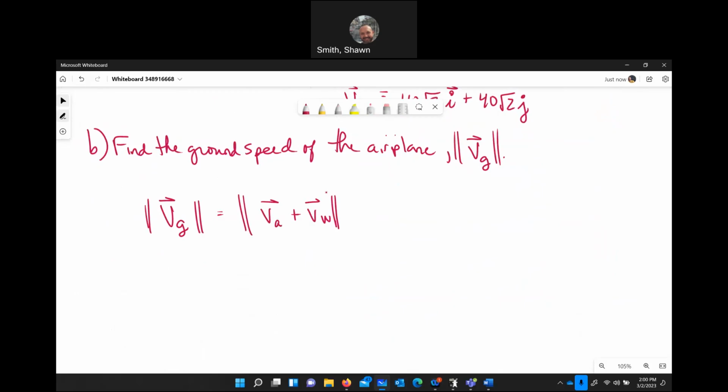So if I add those two vectors, V_A was negative 500j, plus V_W, that was ugly, 40 square root of 2 times vector i plus 40 square root of 2 vector j.